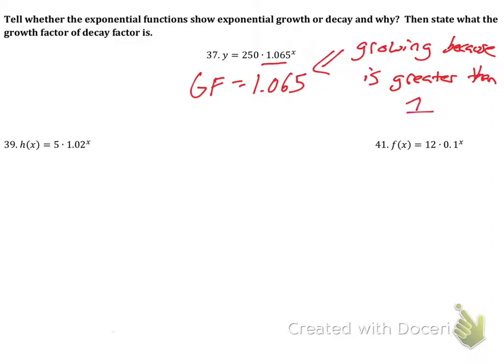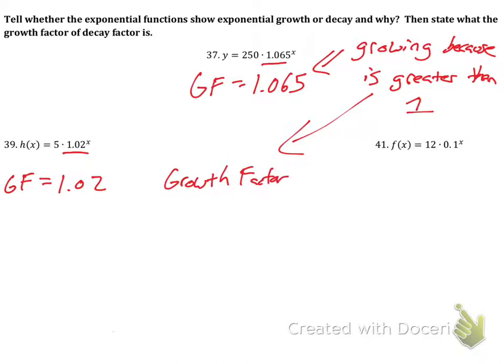Let's do the same thing over here. 1.02 is going to be our growth factor. So that's going to show growth, same reason as this one right here, because the growth factor is greater than 1. Then we're going to go over here.